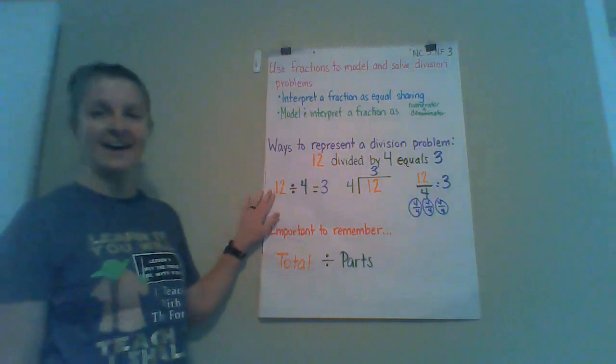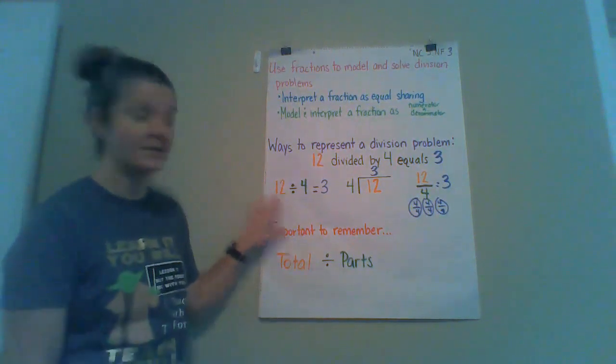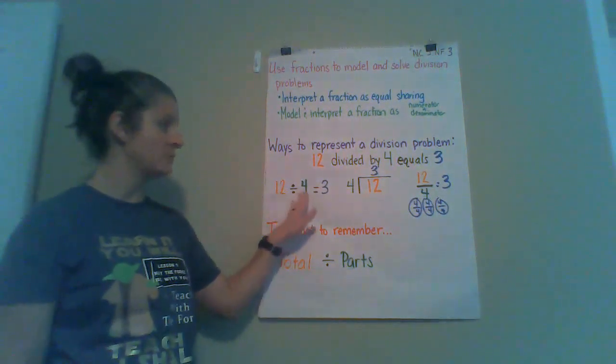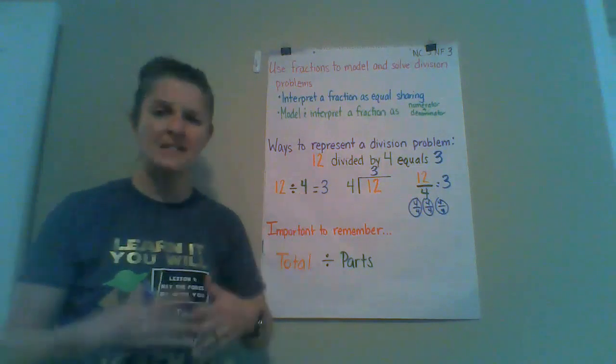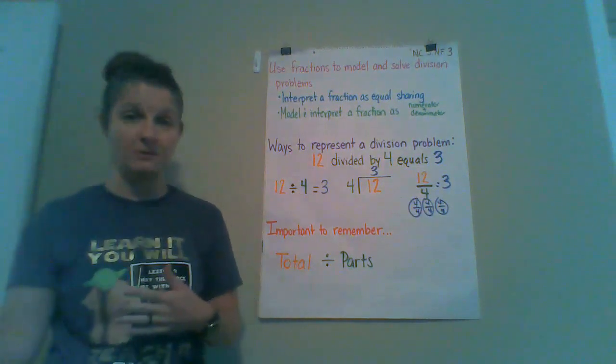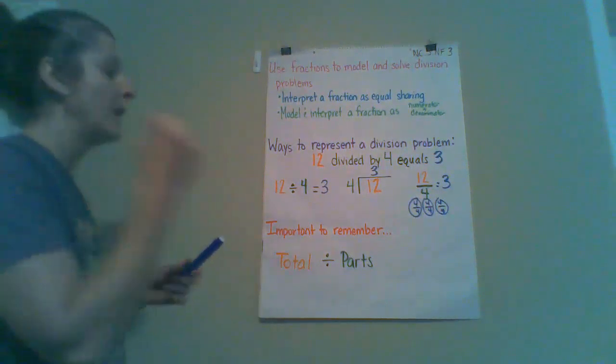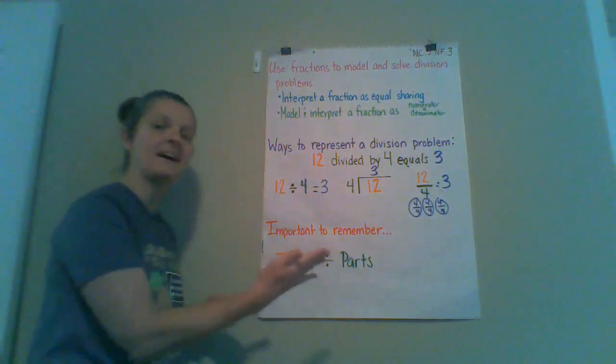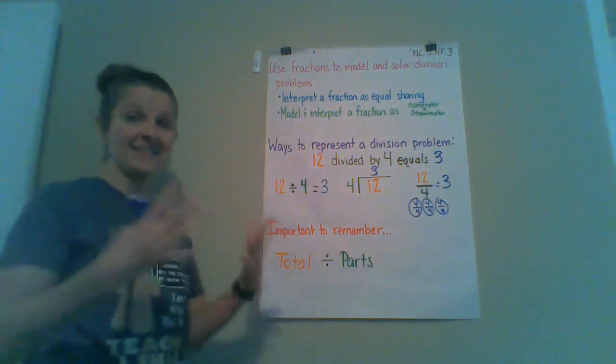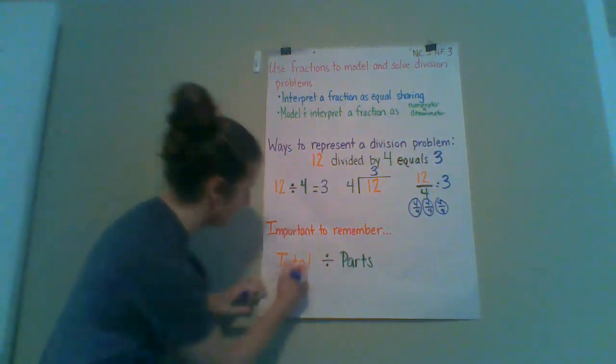So if I had 12 cookies to split, to divide between 4 people, what am I dividing? Cookies or people? I'm dividing cookies, right? So when I say total, what am I dividing? I want to know what is it that you're dividing, not a number, okay?